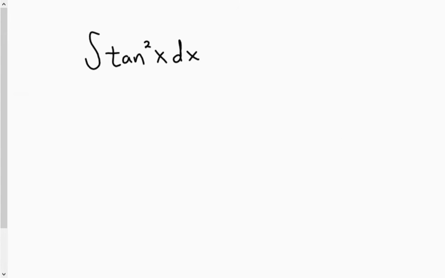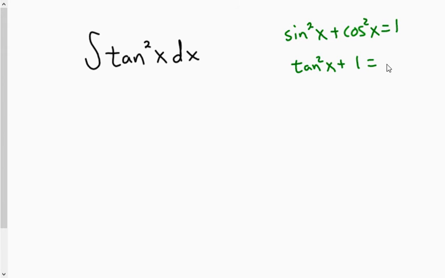But if I think back to my trig days, I remember the basic Pythagorean identity. Sine squared of x plus cosine squared of x equals 1. If I go through and I divide every term by cosine squared, I'll get sine squared over cosine squared is tangent squared. And then cosine squared over cosine squared is 1.